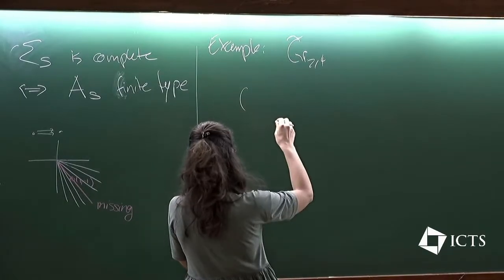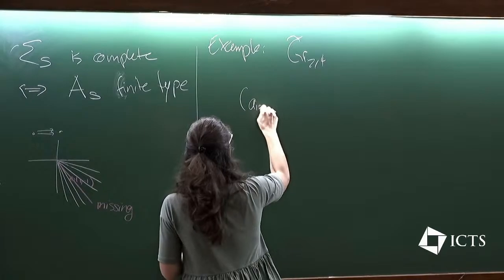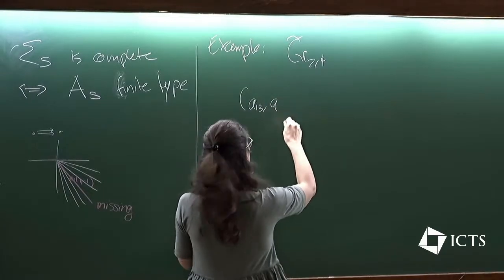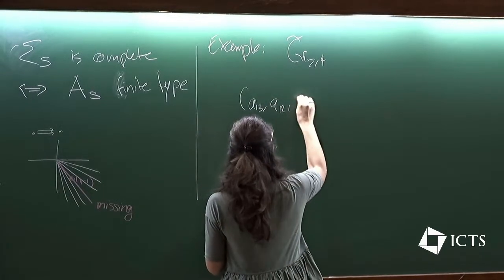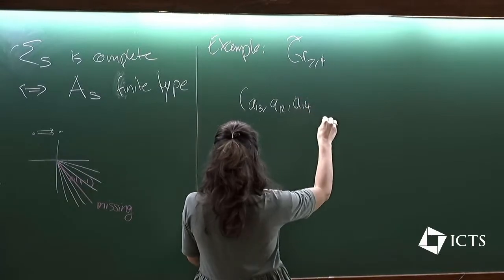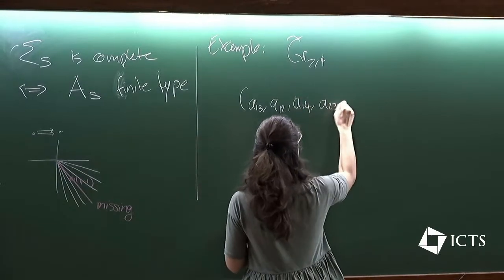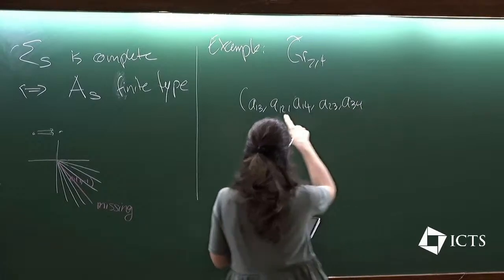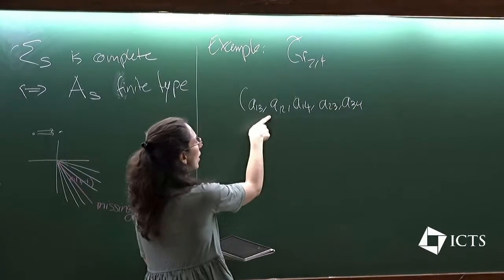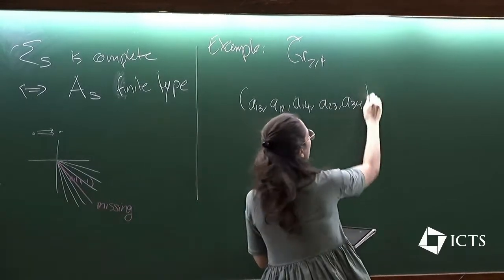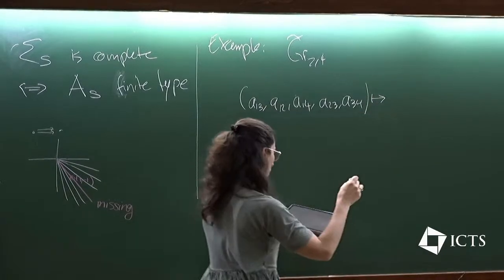And the tropical transition function is this one. Right, so these are the frozen variables. This is the mutable variable. We're in type A1.